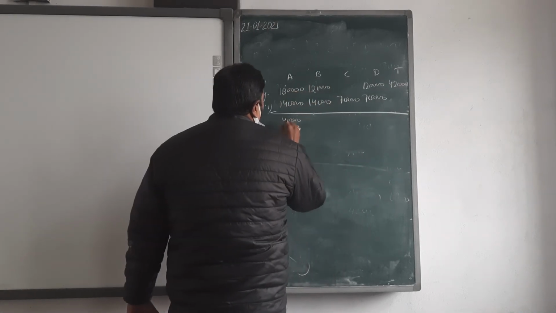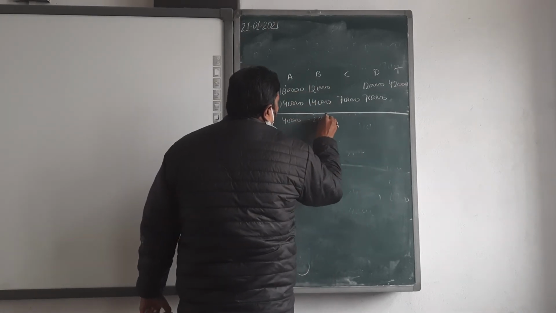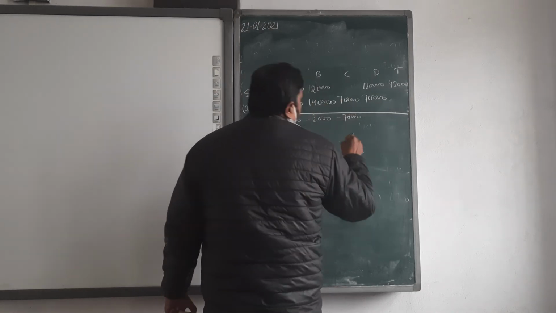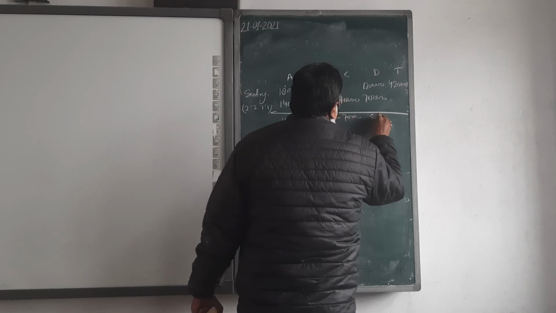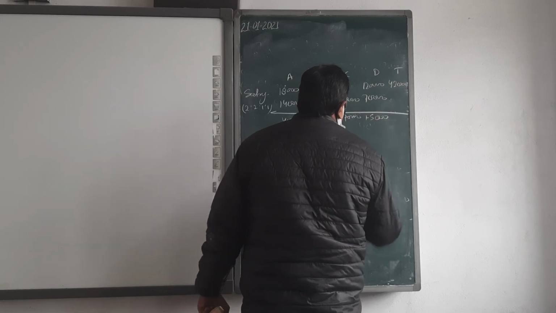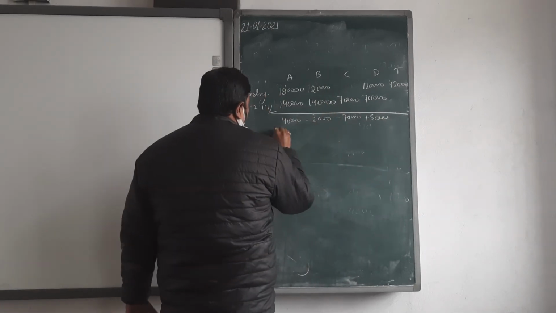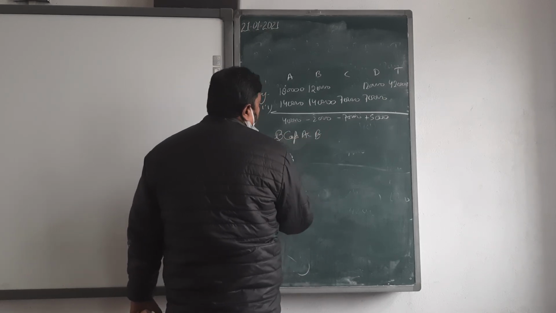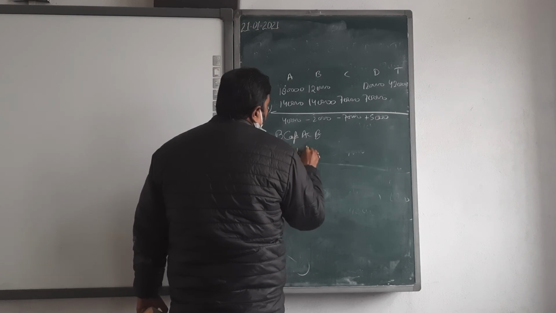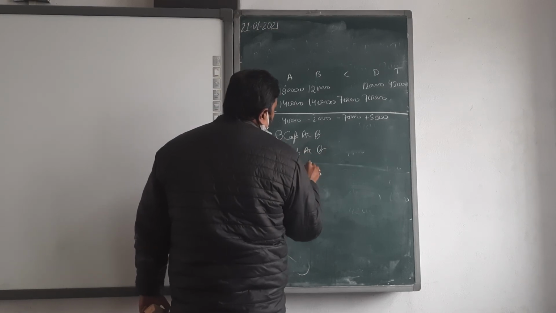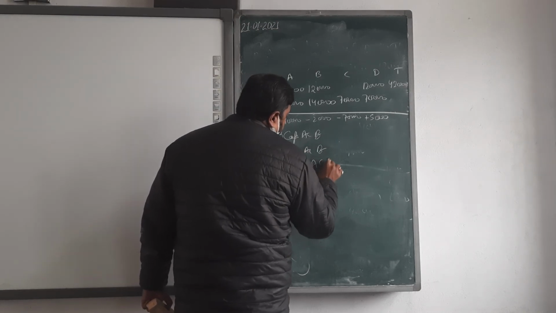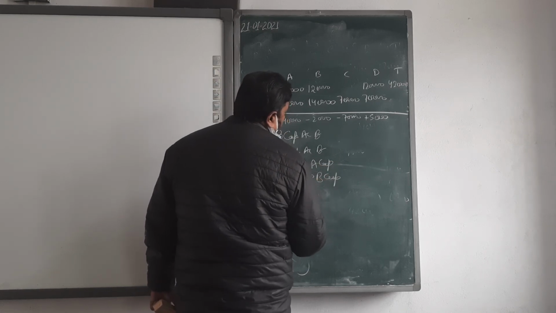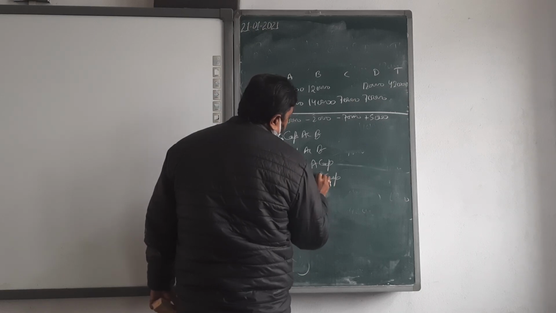It's 40 in positive, here negative 20, and here negative 70, here 50 positive. Okay? B capital account debit, C capital account debit to A capital and to D capital.